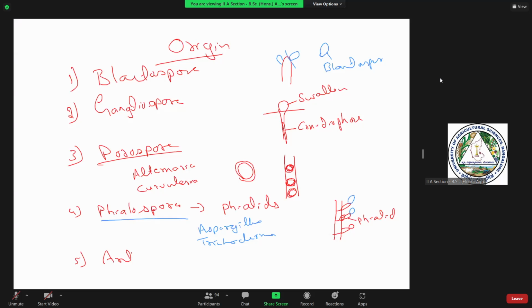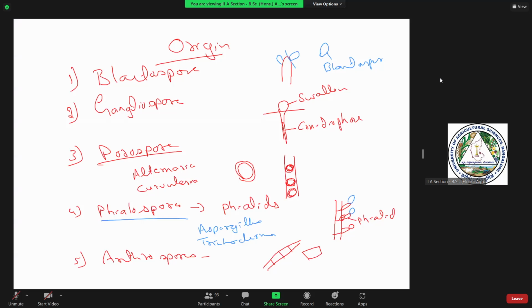Arthrospores. Here, arthro refers to joints, where the conidia form without conidiogenous cells, that is, when your hyphae is cut off, that is what is called an arthrospore.